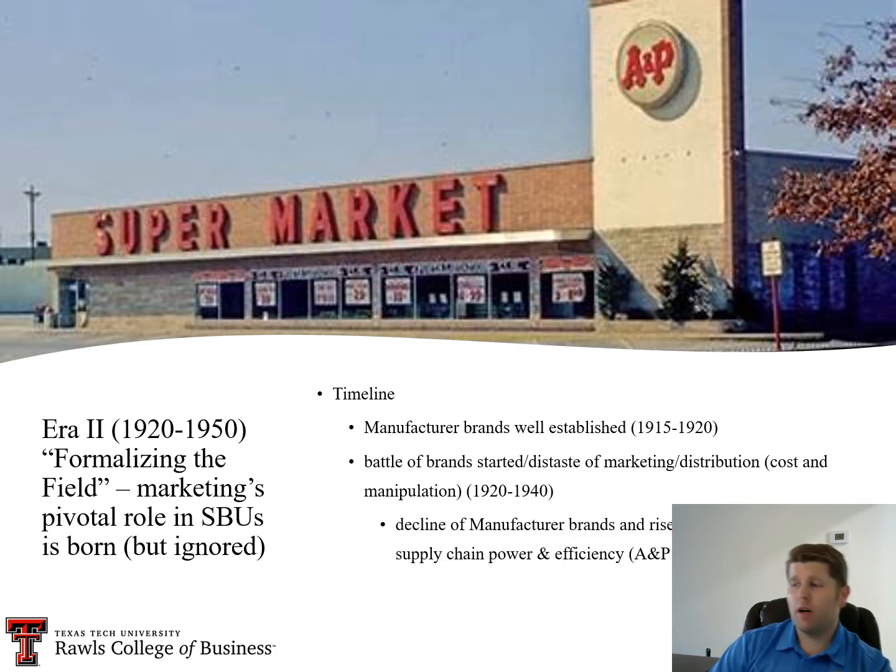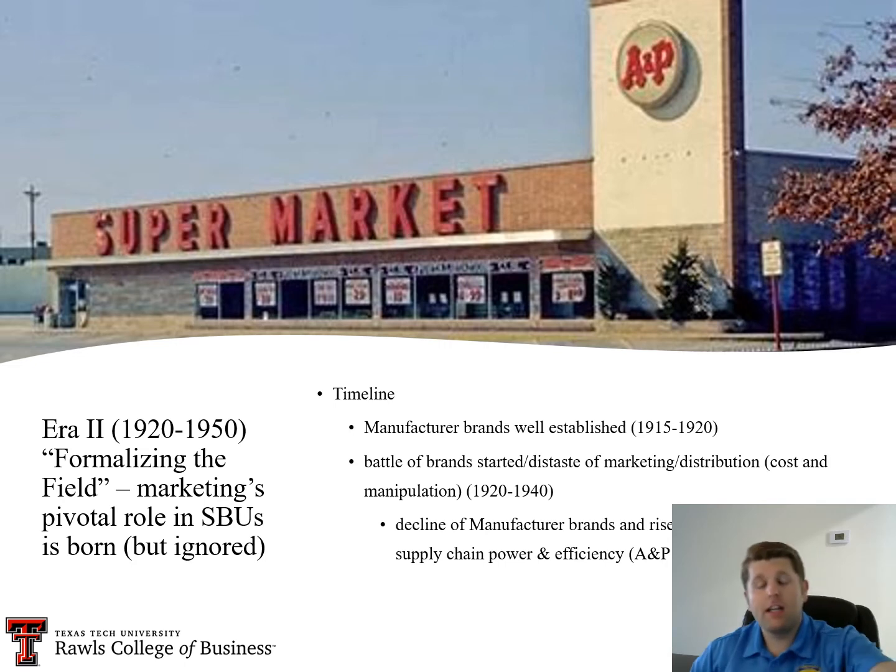So what happened was there was a decline of manufacturer brands, and there was a major increase of retail brands. What we talked about in Era 1, which is the brands that we know like Walmart's Great Value or Sam's Member's Mark. The reason for this is that individual retailers had a huge advantage of having power over the supply chain, and they were super efficient.